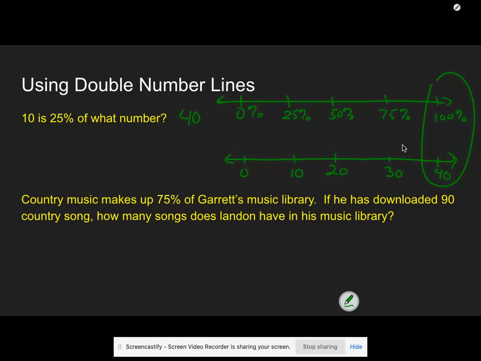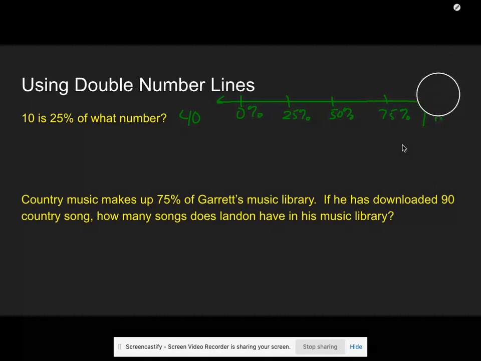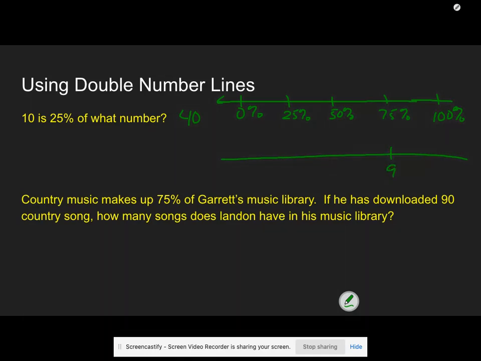Going on to the next one, country music makes up 75% of Garrett's music library. If he has downloaded 90 country songs, how many songs does Landon have in his music library? Well, I'm going to keep my top number line because that will be the same numbers. And my bottom number line this time, I'm going to have 90 here.